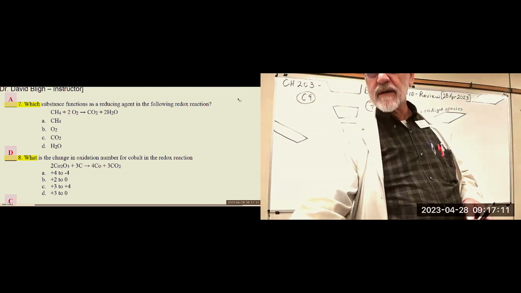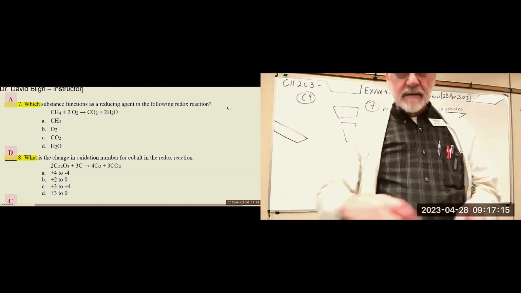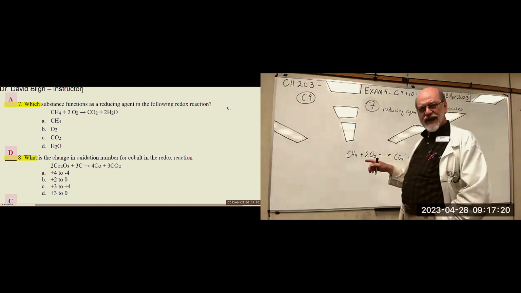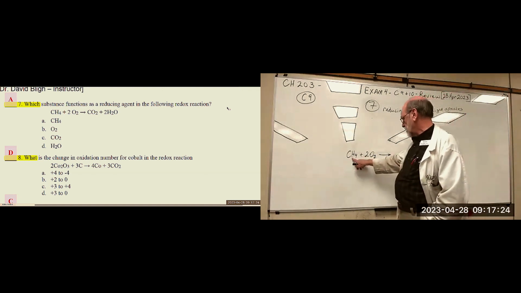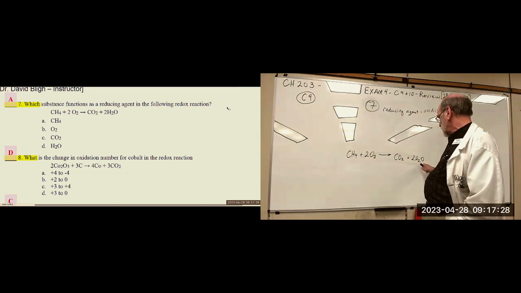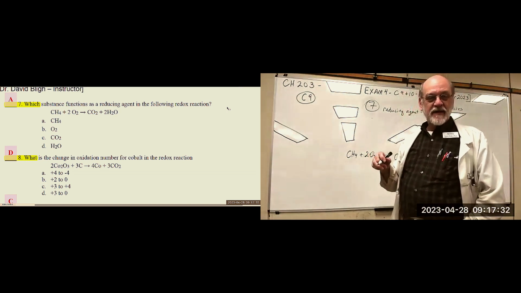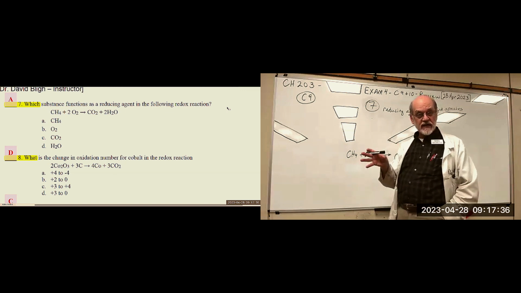Did I lose somebody? I think I did. All right, let's see if this is balanced first. Carbon, carbon. 4 hydrogens, 4 hydrogens, 4 oxygens. 2 plus 2 is 4. So that one's balanced. Which substance is oxidized, functions as the reducing agent?